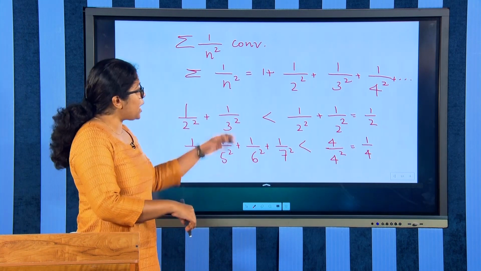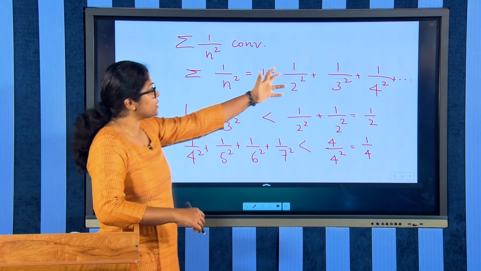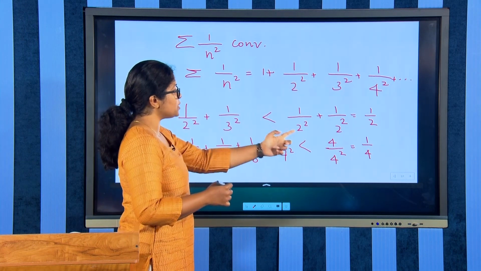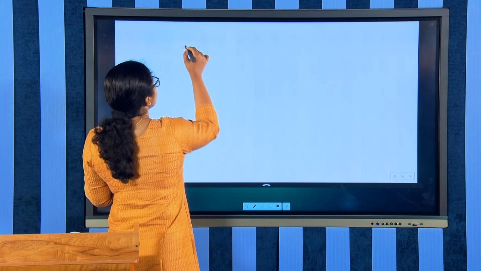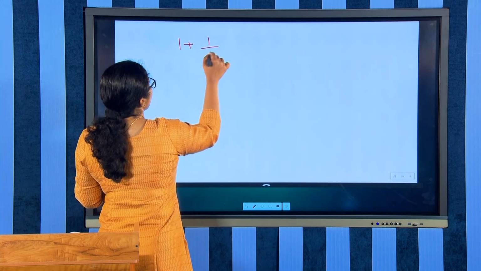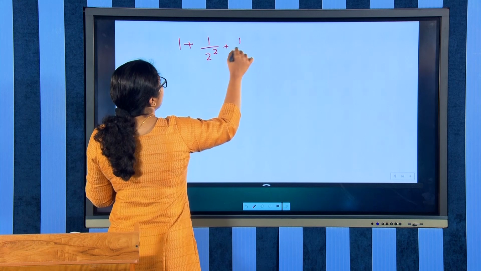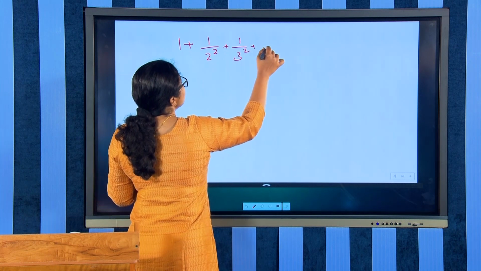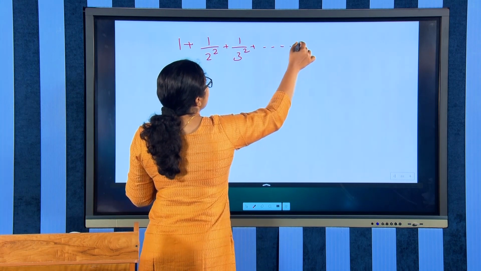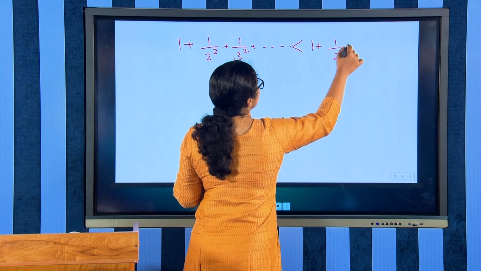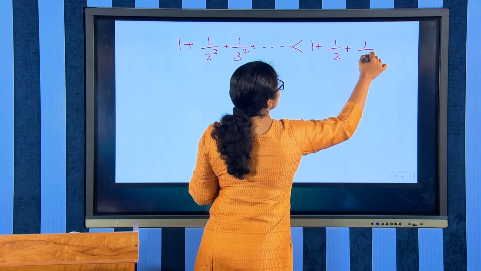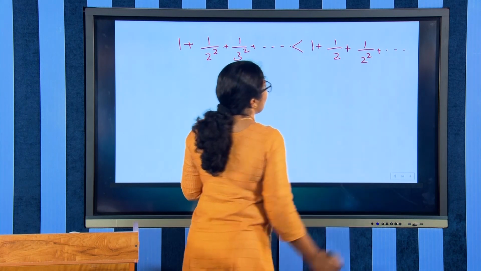So, rearranging or replacing the terms of the sequence using these, we get this series 1 plus 1 by 2 square plus 1 by 3 square plus etc. is less than 1 plus 1 upon 2 plus 1 upon 2 square plus etc.